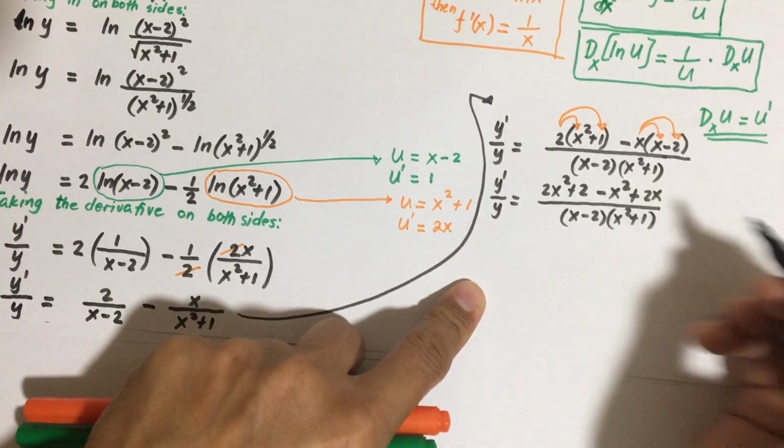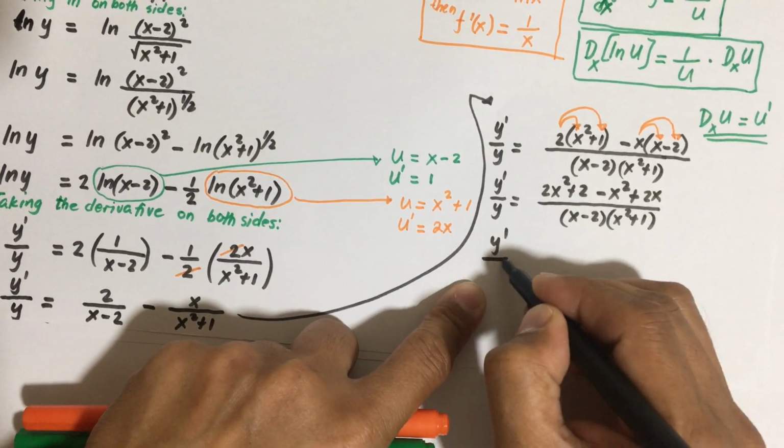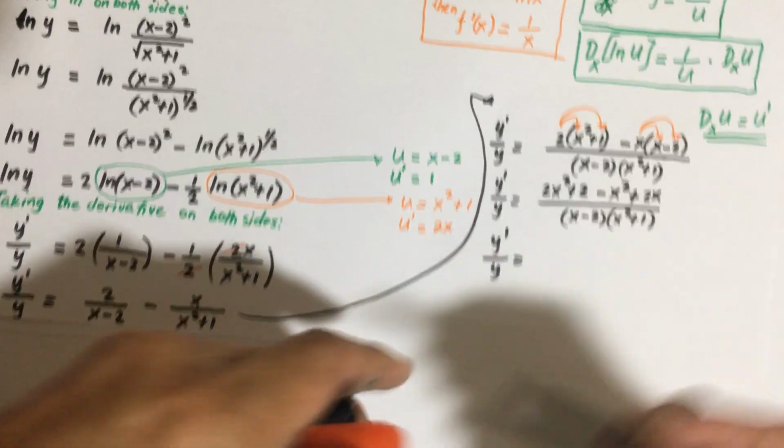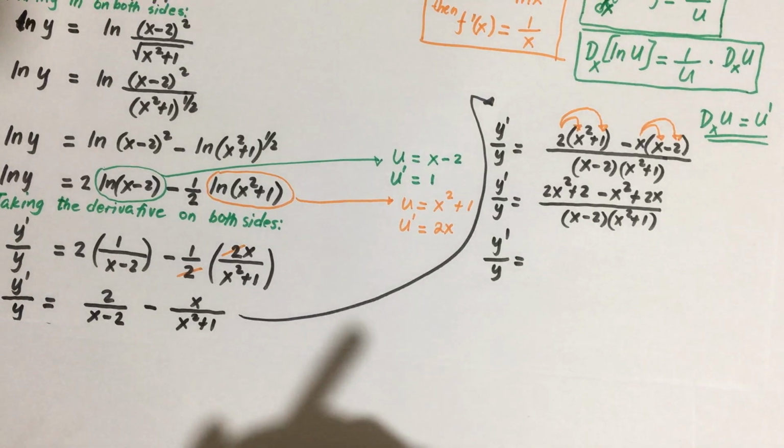Okay, so y prime over y is equal to, we can combine similar terms.